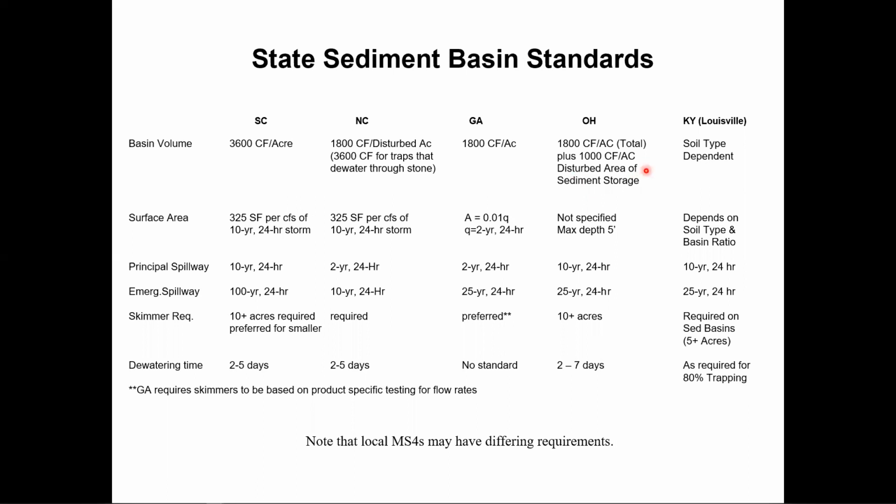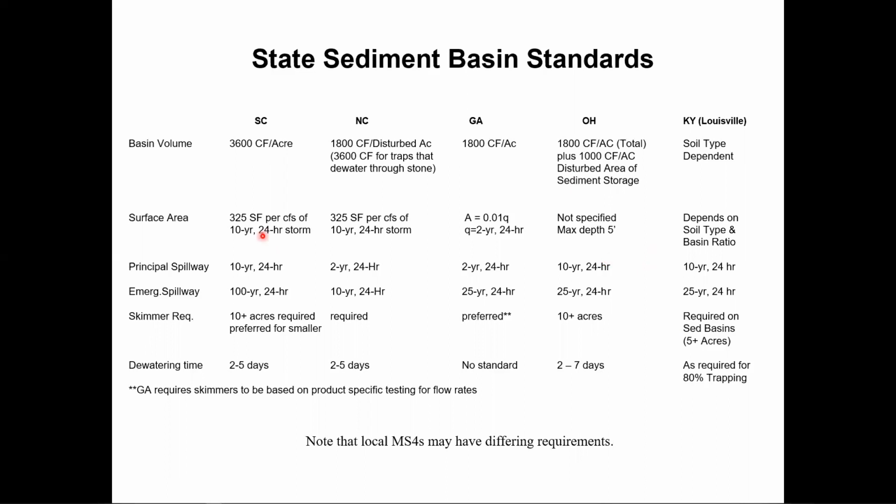Ohio is a state that has the additional sediment storage required, so they require another 1,000 cubic feet below the dewatering volume. And in Kentucky, you're required to calculate that, I believe. I've seen some plans that have just used, I think, 3,600 cubic feet per acre. The different MS4s may have different standards, but I believe in a lot of cases they want you to use the Russell equation and calculate your soil type and base the volume on that.